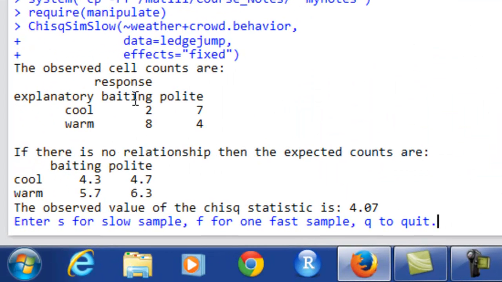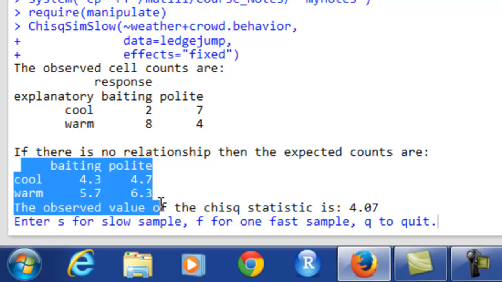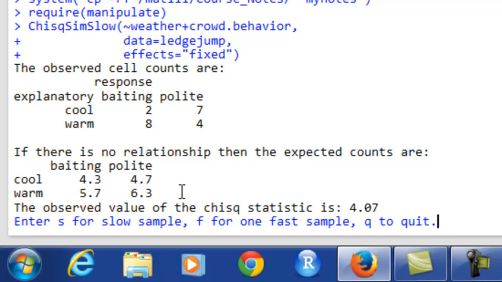Over in the console, starting here, we get some introductory information. It first gives us the two-way table for the study, the one that we're familiar with by now. And then it says, if there's no relationship, then the expected counts are, and look at that, it gives the expected counts that we've already computed.